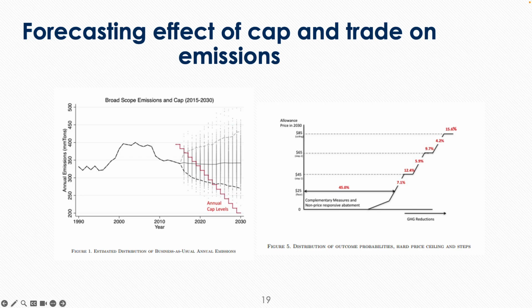And so allowance prices can vary depending on the amount of abatement that's happening versus the cost of the credits, right? And so here we're looking at allowance prices in 2030, as high as $85 a ton.